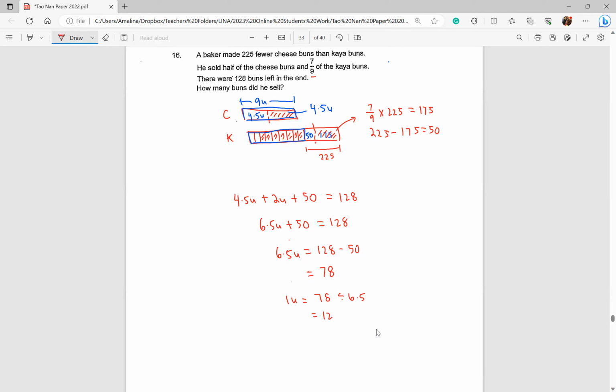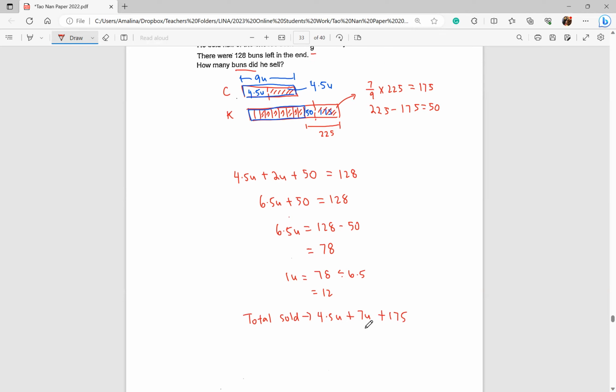So how do you find the buns that you sell? We are looking at the shaded part. Okay, so total sold is your 4.5u plus my 7 units. Correct? And then plus your 175. Sorry, 175.